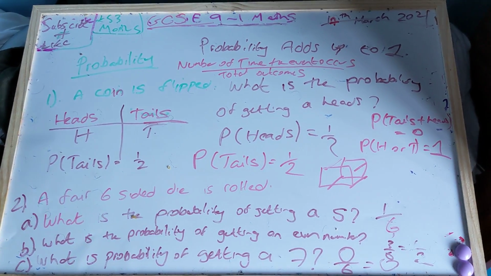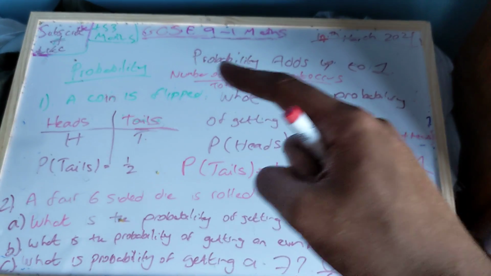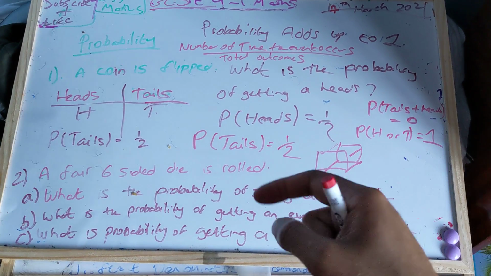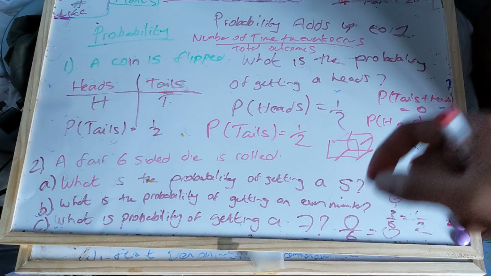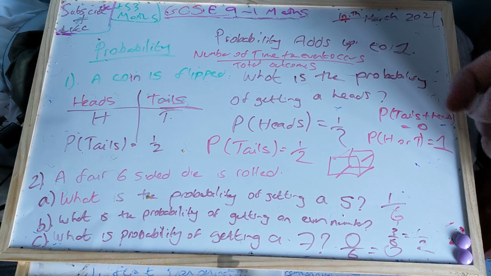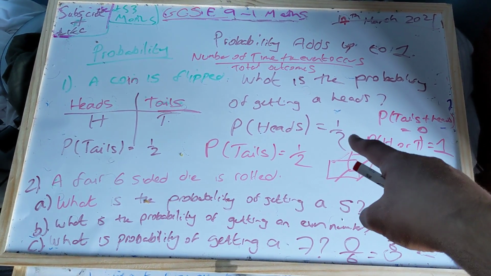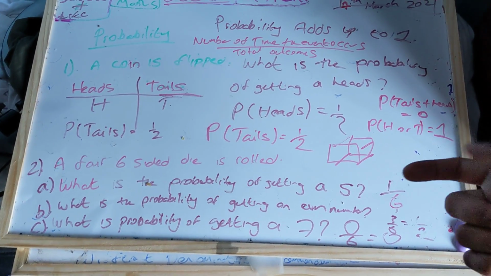And my last point, guys, is that probability can be expressed as a fraction, percentage, or a decimal. These fractions will all have decimal equivalents and percentage equivalents. So for this one, a half, I can write it as 0.5 or 50%.